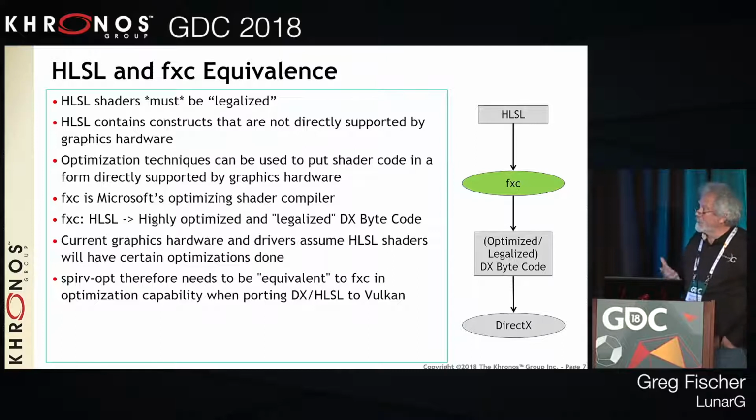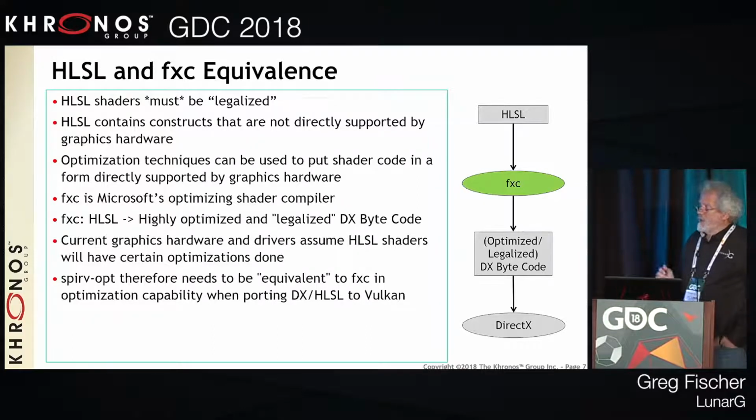So it basically does the same thing. The current graphics hardware and drivers rely on the fact that there are a number of optimizations and transformations that FXC performs before the shaders actually get to the driver.